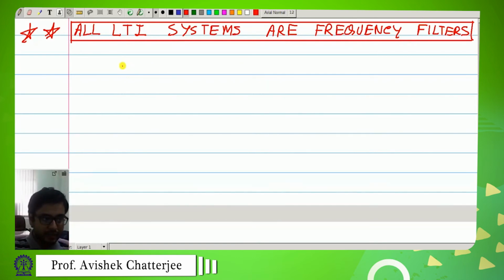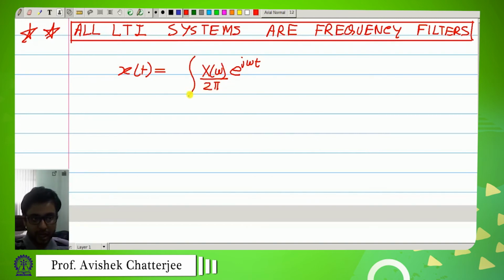Remember that any input x(t) can be broken into a sum of exponential signals like this, e to the power j omega t, with coefficients capital X(omega) divided by 2 pi, summed over all omega, using Fourier transform, right?